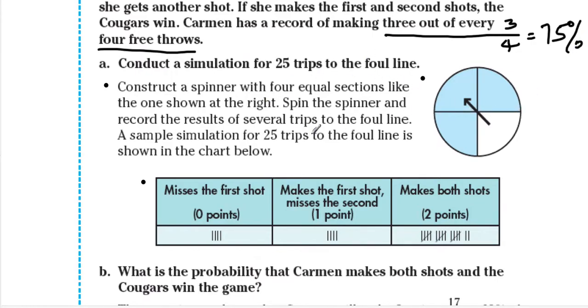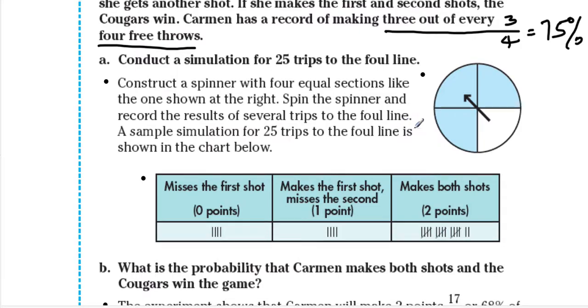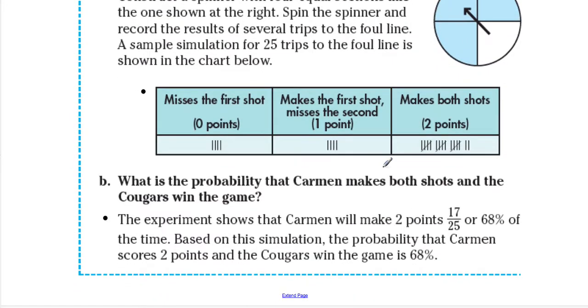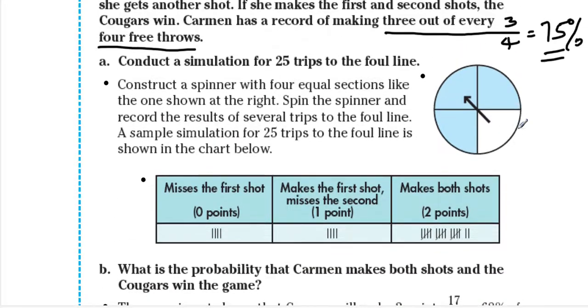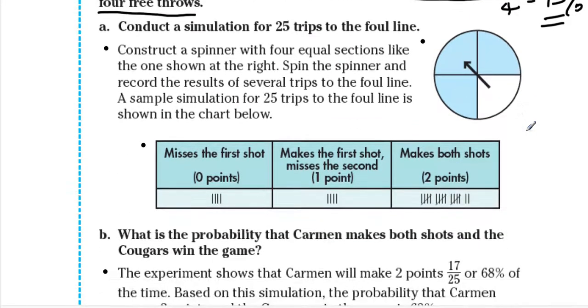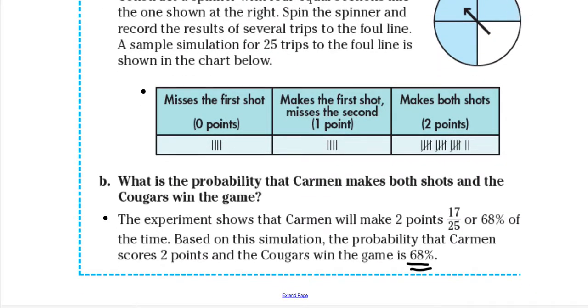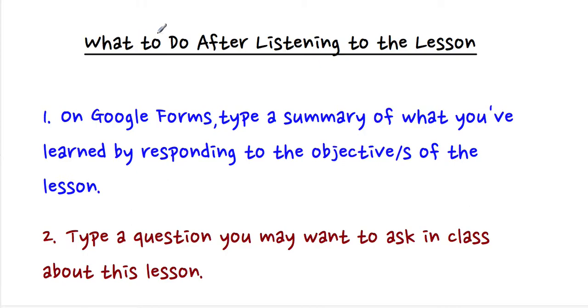What we did was a simulation, or the actual event, as we tried 25 times. There is a slight difference between 75% and 68%. So the simulation is not really the same as the theoretical probability, but they should be close enough to each other. Okay, lesson done.